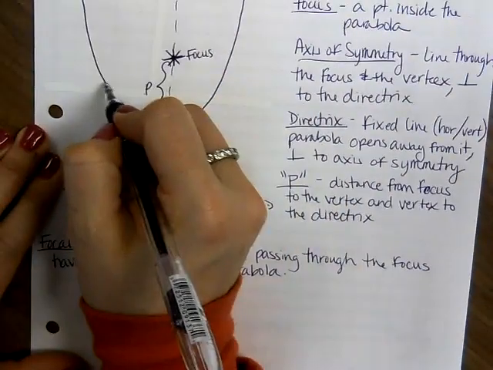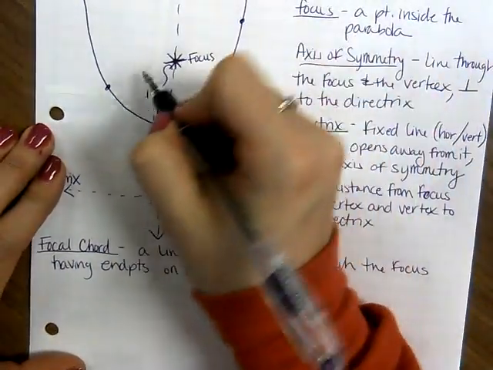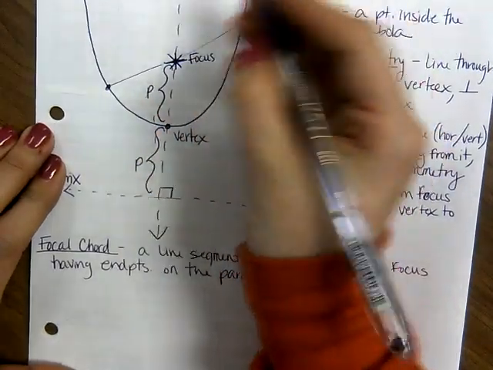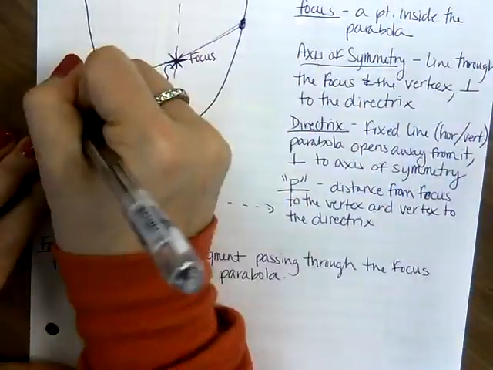Okay, like, so for example, here's our line segment. It has to go through the focus, and this, for example, is a focal chord.